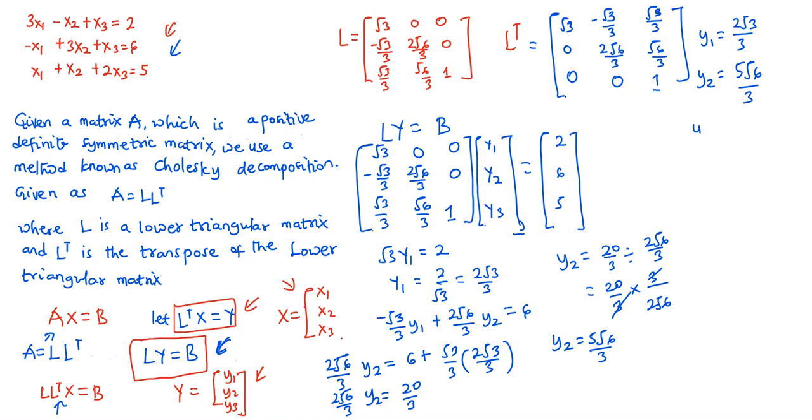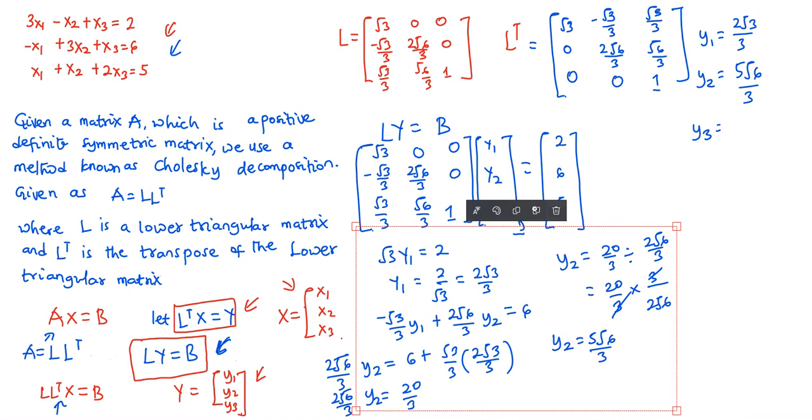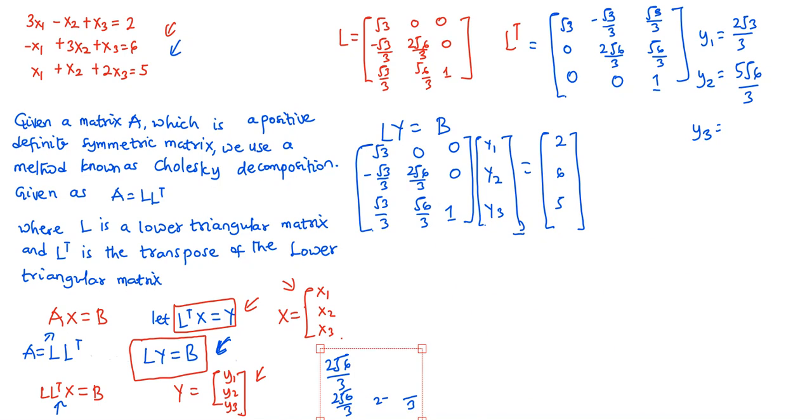Now let's find y3. I'll free up some small space so that we can continue. For y3, you're going to have square root of 3 on 3 multiplying y1, plus square root of 6 on 3 multiplying y2, plus y3, and this should be equal to 5.